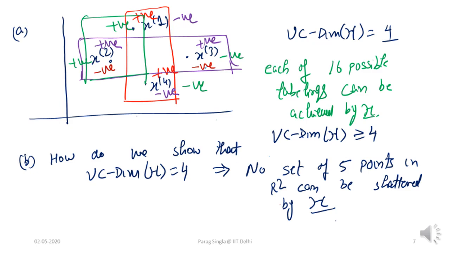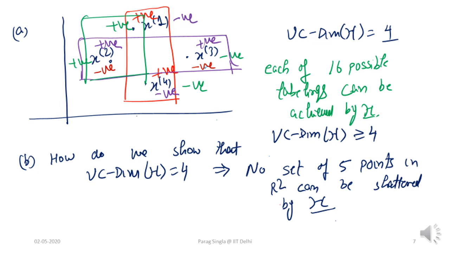So these opposite diagonal points being labeled the same, and the other diagonal points being labeled otherwise, are covered by these two rectangles. And there are other arrangements, for example the one in green. x2 and x1 are positive, and x4 and x3 are negative, but this can be achieved by this green rectangle.